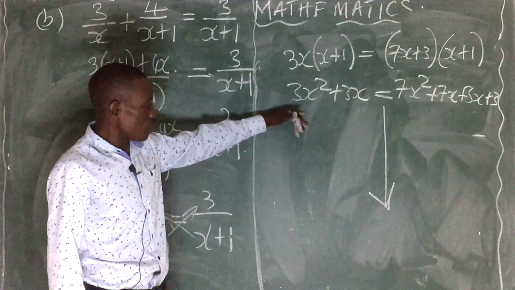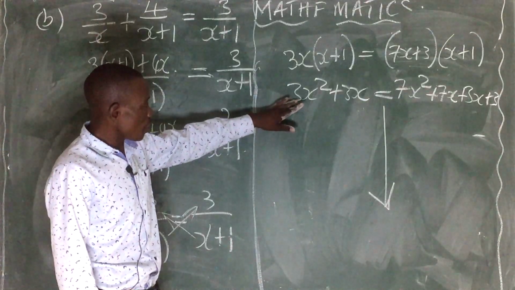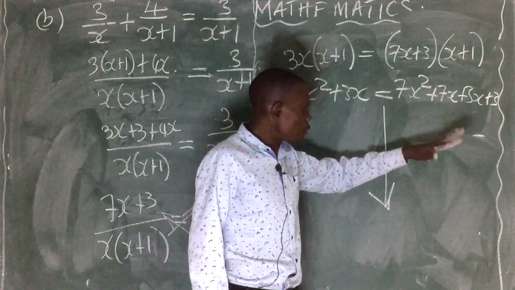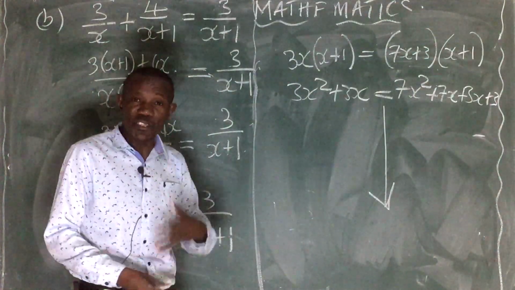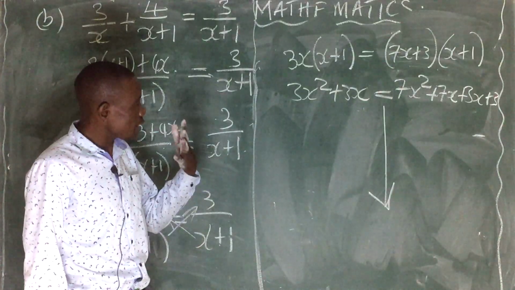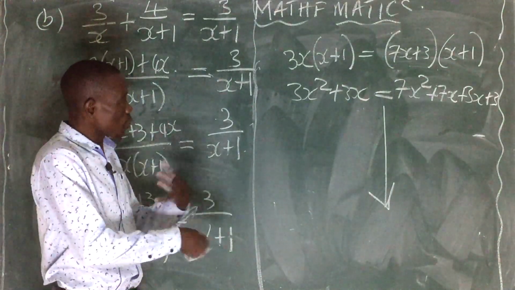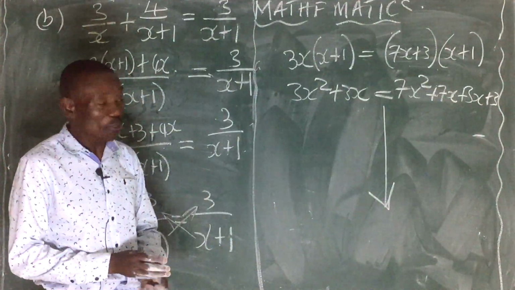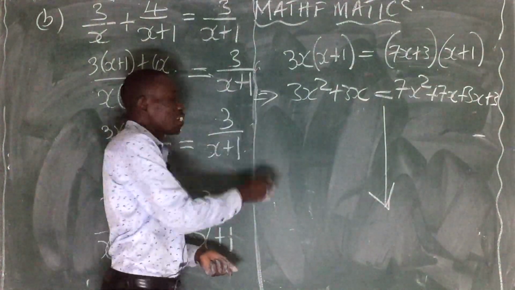Now, from this, let me just give you a guide. The equation looks more like a quadratic equation now. So I want you to at least recall what we discussed in the previous videos about the quadratic expression, where we are solving the equations. How are we solving quadratic equations? Because what we have here is a situation of a quadratic equation.